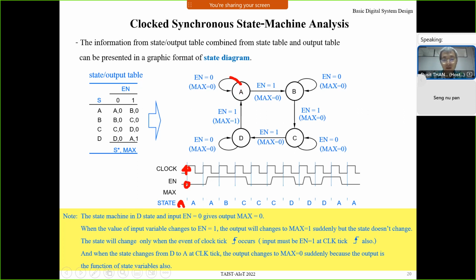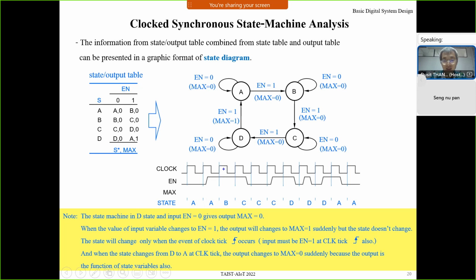From this one, when input is 0, the next state is A. That means from this point of time to this point of time, the machine is on state A until the next clock tick. At the next clock tick, input is 0, go to A, right? And keep this state until the next clock tick.